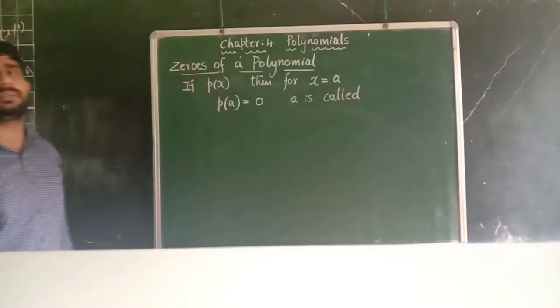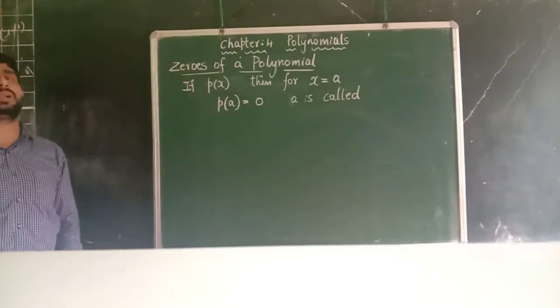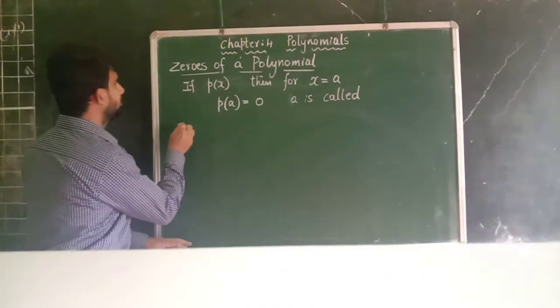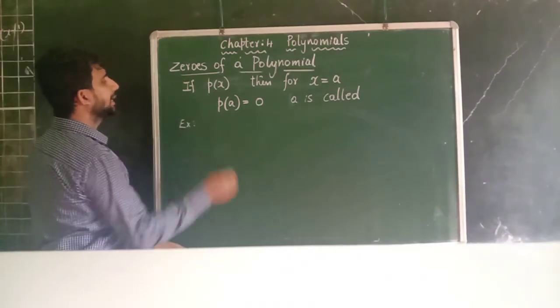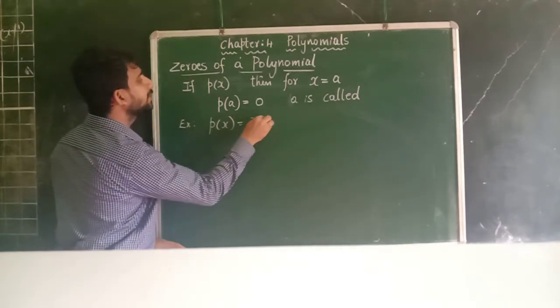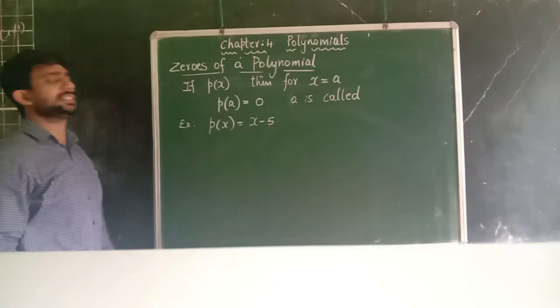Let us make this clear with an example. What is a zero of the polynomial? I'll give an example.